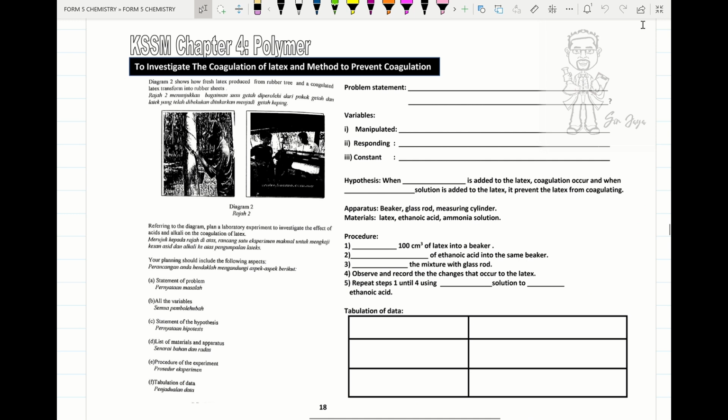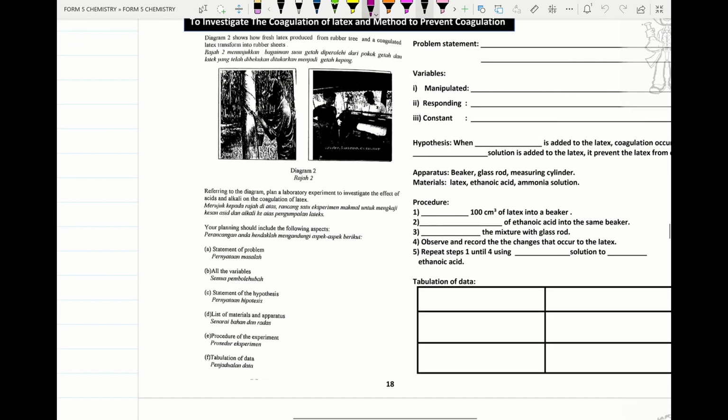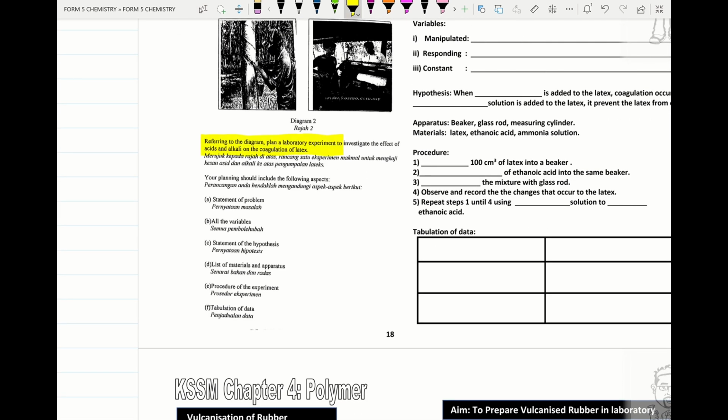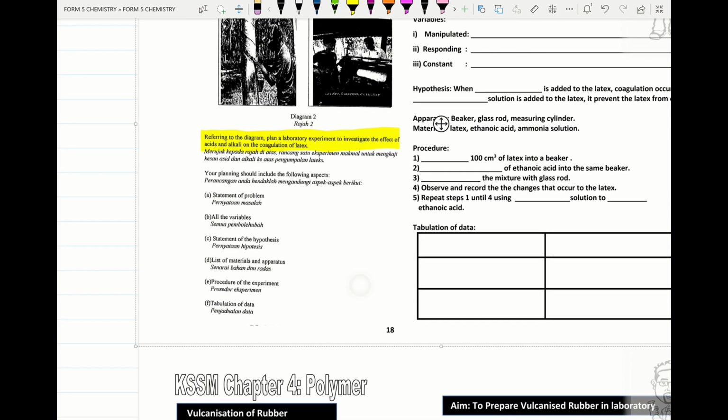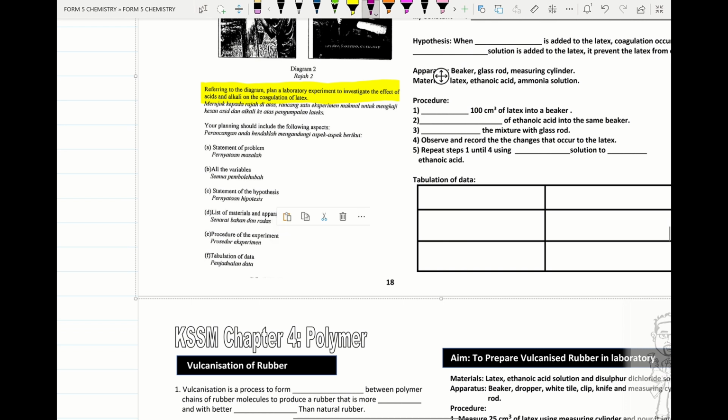Then we try to investigate the coagulation of latex and methods to prevent the coagulation of latex. Look at the question given in the module. Diagram 2 shows the fresh latex produced from the rubber tree and coagulated latex transformed to the rubber strip. Diagram the plan and laboratory experiment to investigate the effects of acid and alkali on the coagulation of latex.